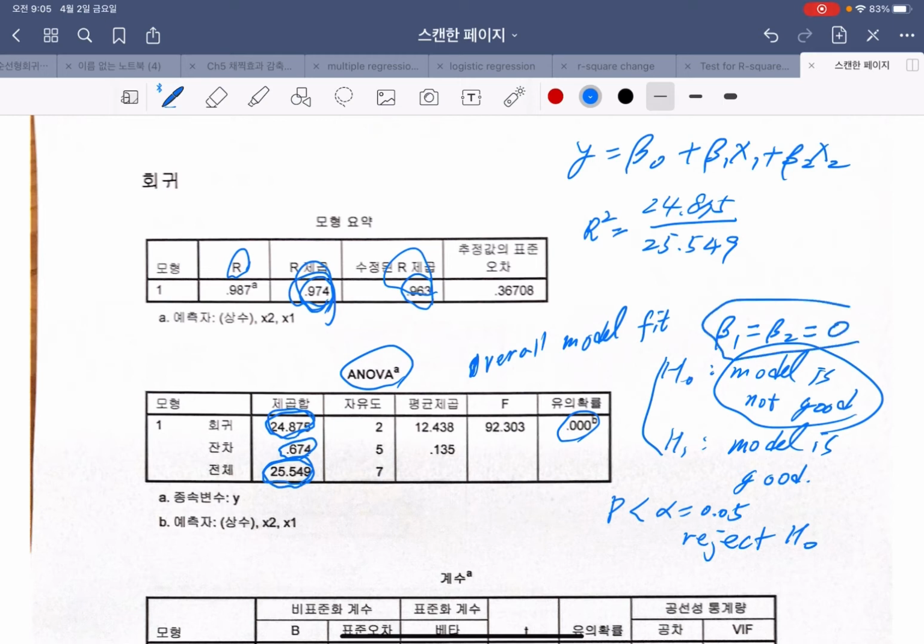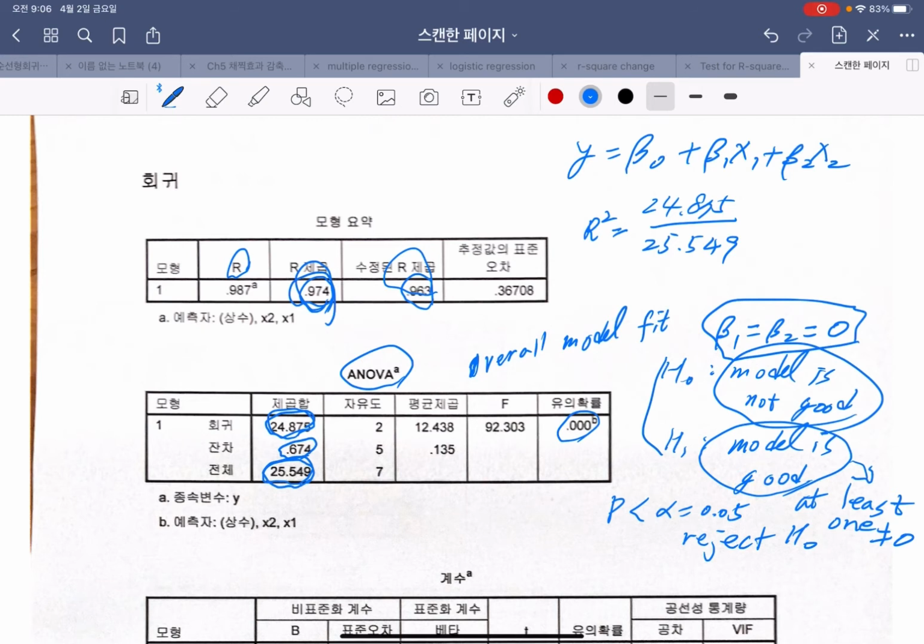All the coefficients are equal to 0. That is, model is not good. Now, model is good means, in this case, at least one beta is not equal to 0. At least one of the coefficients is not equal to 0.